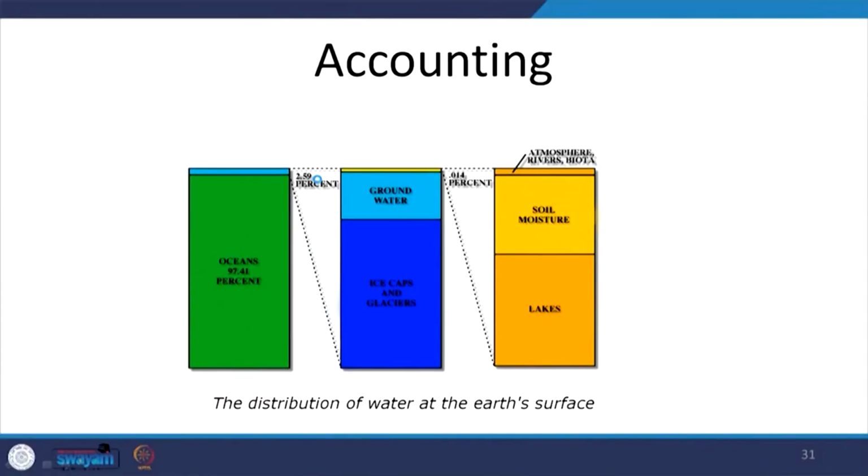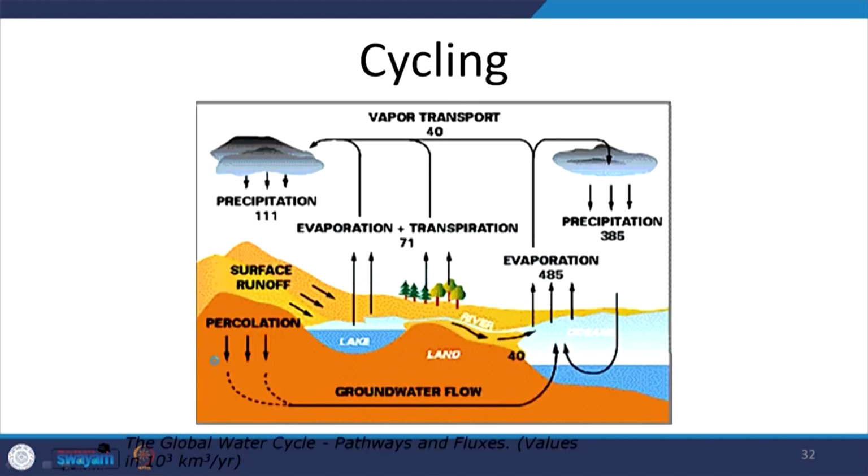We are contaminating groundwater as well as the lakes and the rivers, the other water bodies, and it is hardly 1% of this total water which is available.